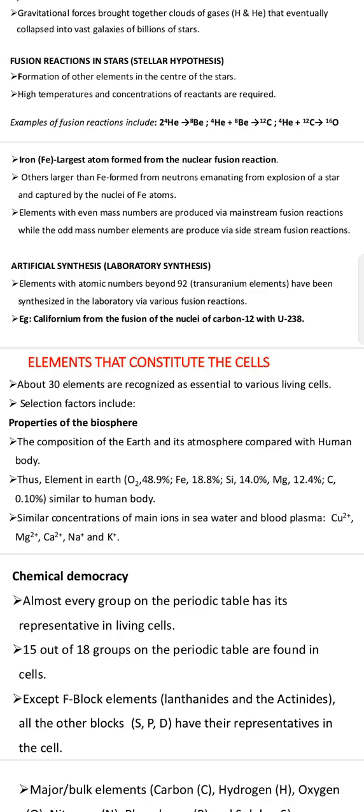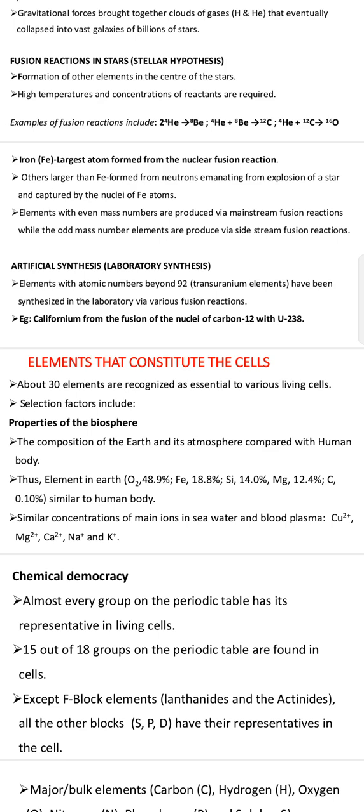For the formation of other elements in the center of stars, high temperature and concentration of reactants are required. So the key thing to note in the stellar hypothesis is that the elements were formed in the center of the stars. And before the elements are formed, there are two factors to consider: the high temperature and the high concentration of the reactants.